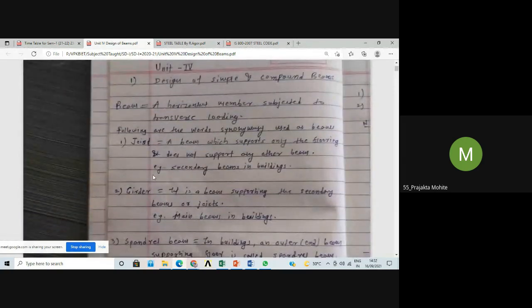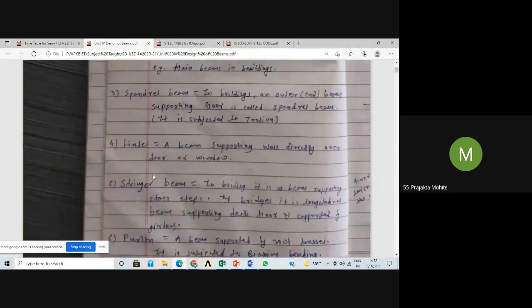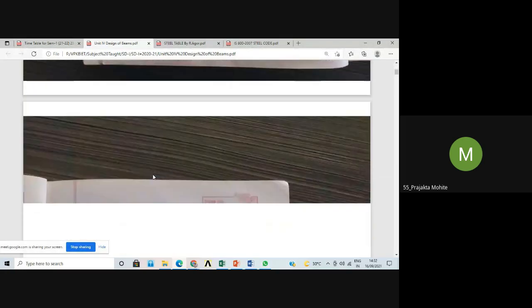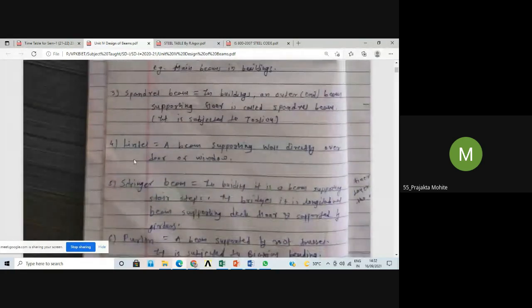There are various terminologies like joist, girder, spandrel beam, lintels, purlins. These are all elements, and these words are used synonymously as beams, but depending upon the location where the beam has been used, there are different names for the beams.